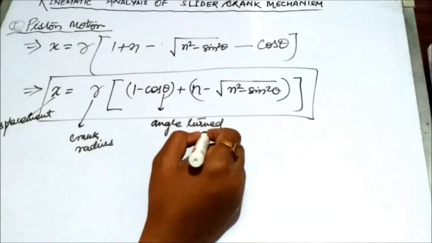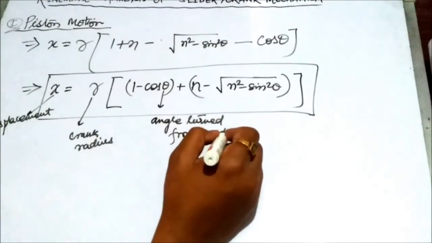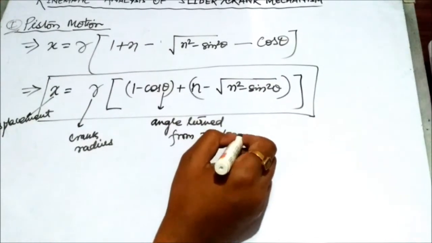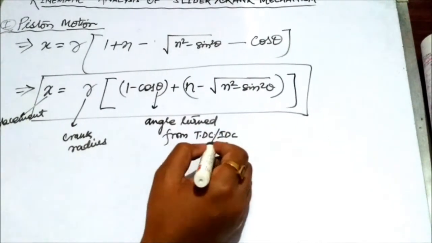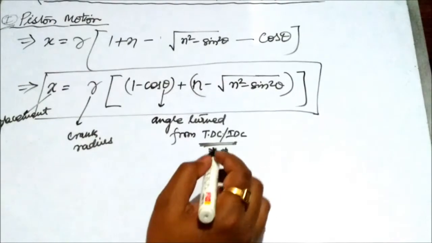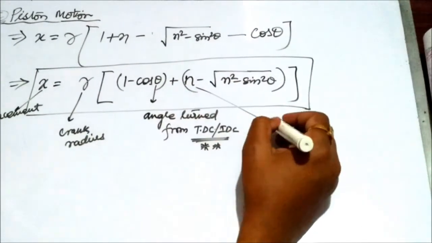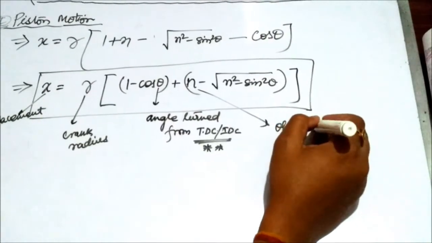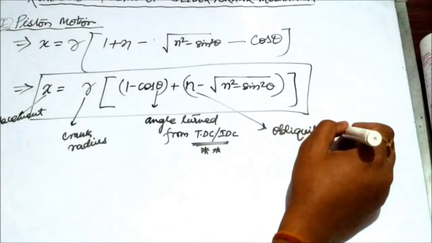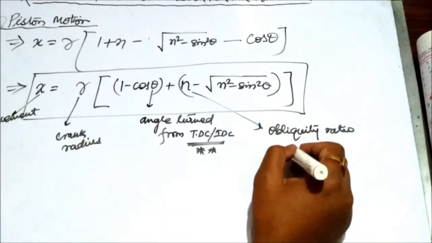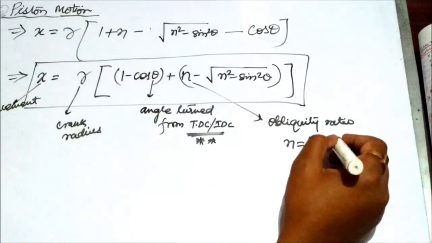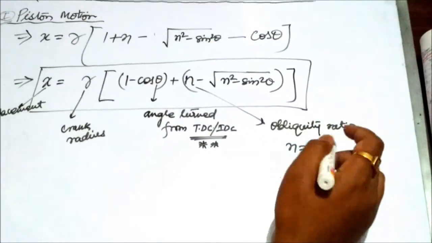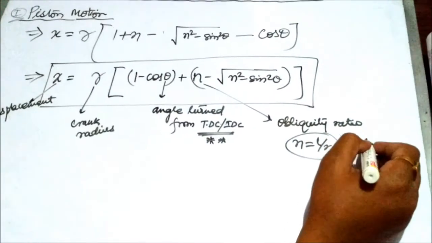Now we can see here that in a question, if the crank radius is given, the length of connecting rod is given, and theta, that is the angle from the inner dead center, or the angle at which we have to find out how much the piston has been displaced by rotating the crank through the theta angle, we can find out the displacement easily.